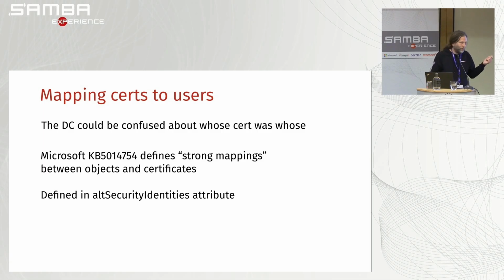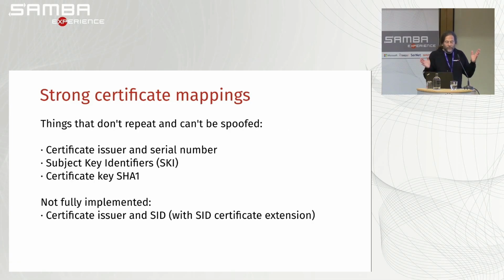And there's this attribute which goes on the user or whatever object called altSecurityIdentities, which is another one. If you change it, it's a security issue, so it gets logged in that passwords log. And the strong mappings are things that you can't spoof and that don't repeat.